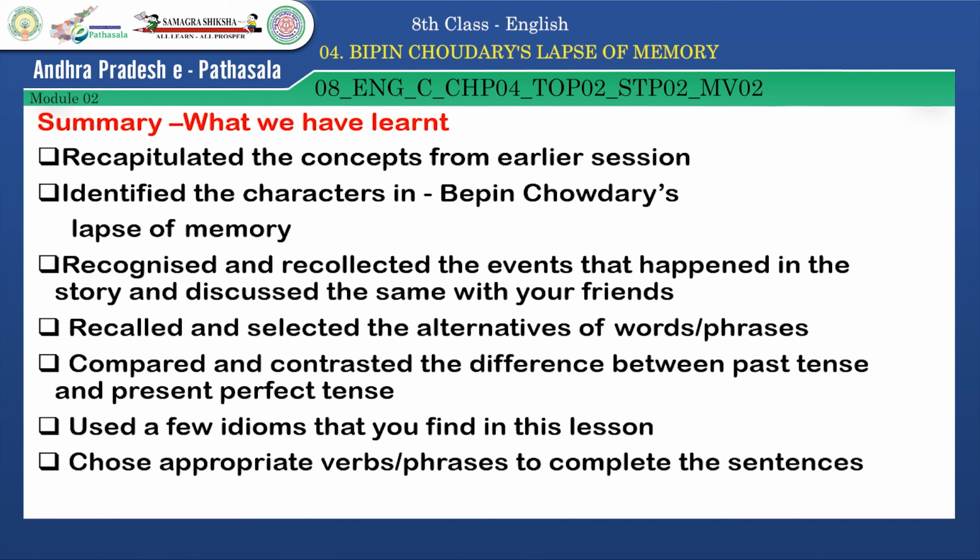Recalled and selected the alternatives of words or phrases. Compared and contrasted the difference between past tense and present perfect tense. Used a few idioms that you find in this lesson. Chose appropriate verbs or phrases to complete the sentences.